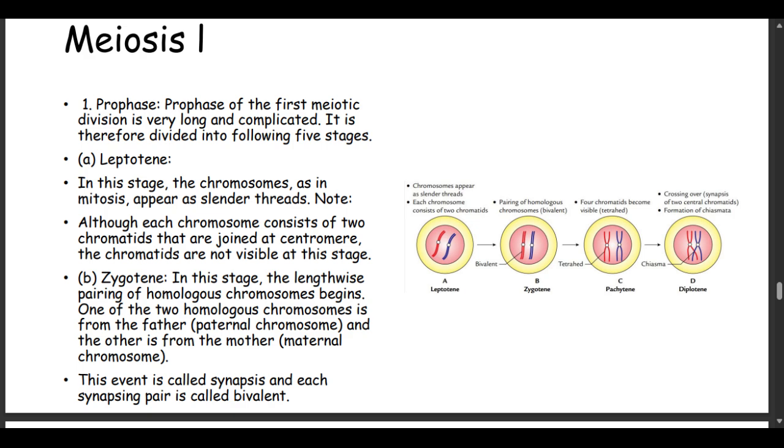Synapsis occurs in the zygotene stage, and a synapsing pair is known as a bivalent. So a bivalent is where you have two homologous chromosomes pairing up and forming a homologous pair. We're calling that synapsis, and it happens in the zygotene stage. So please don't forget that. They might give you an MCQ asking in which stage of prophase synapsis occurs. We're supposed to say zygotene.